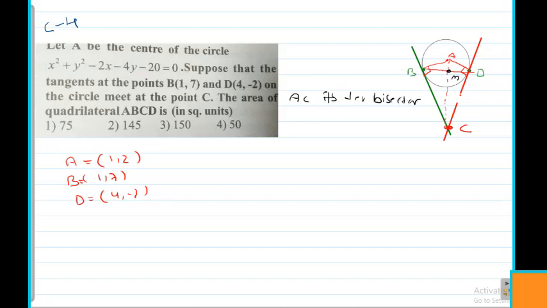Basic theorem, no? The center and the point of intersection of the tangents are joined. This is the perpendicular bisector of BD, already proved. What is the meaning of that? BM equal to MD, and also AM is perpendicular to BD. So here I want to draw a right triangle.